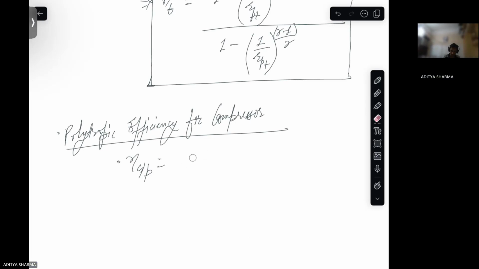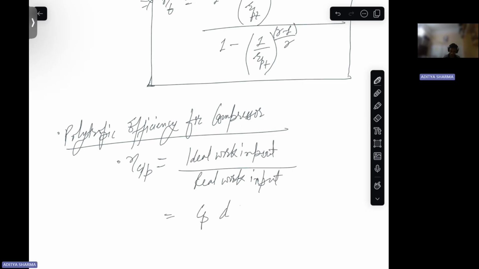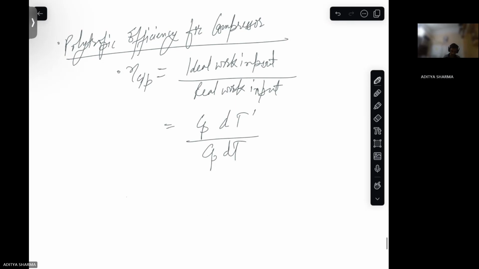So this is ideal work input by real work input, Cp dT dash by Cp dT. And this will become (gamma minus 1) by gamma into n by (n minus 1).